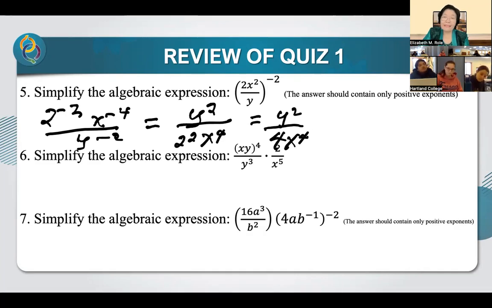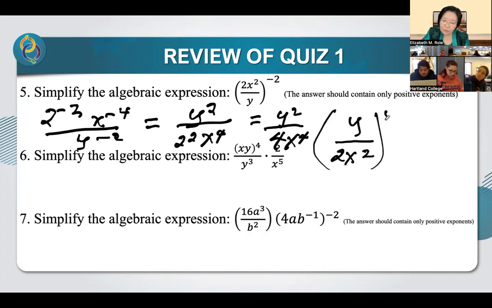Another way of doing that is whenever you have a negative exponent, you just immediately invert so that you change your negative 2 to positive. So it becomes y over 2x squared, raised to the positive 2 power. That's the easiest way.